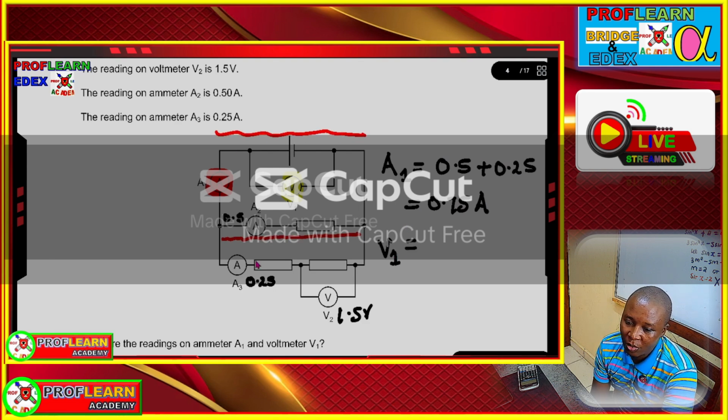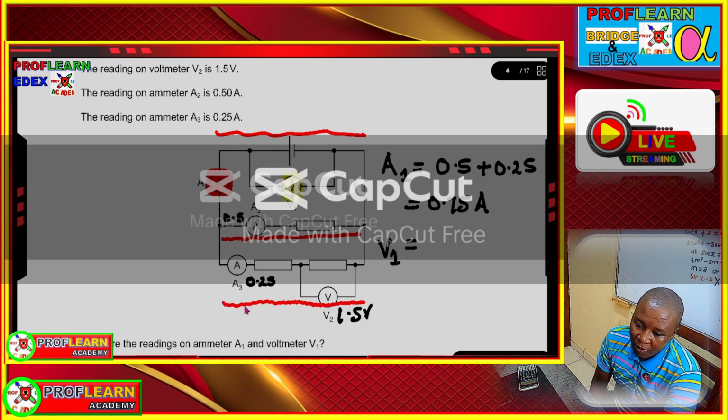Then we also need to understand that along here we have the same voltage because they are in parallel. Also we have the same voltage here, and also down here we shall have the same voltage. Since at V2 we have a voltage of 1.5, there is the same current across that resistor for V2 and the same current that we have there at A3, then we have 0.25 as the current for the two resistors that are down there.